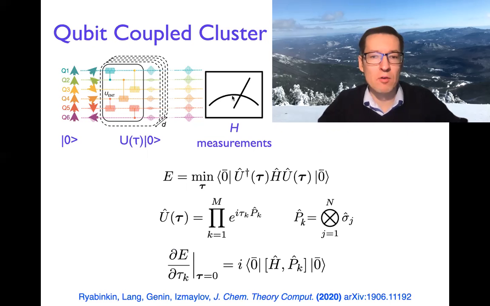On a formal level, this is a minimization problem we're trying to solve. And we're solving it with respect to the amplitudes of the unitary transformation. Now, we consider unitary transformation as a product of those type of exponents, where there are amplitudes, tau, and P's are operators that are multi-qubit products of just individual qubit operators, sigmas.